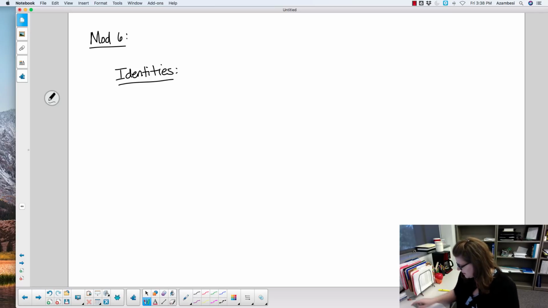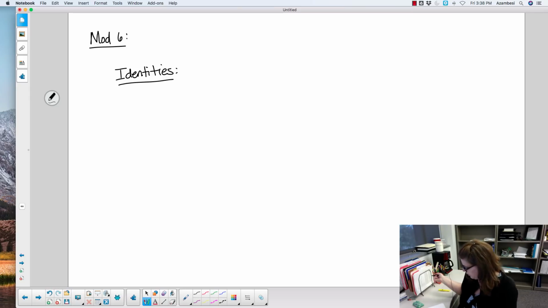I mentioned in class last week on Monday that you will have 3-ish identities to work on for the test. One that I consider pretty straightforward, one that I consider a little more challenging, and one that's pretty challenging.